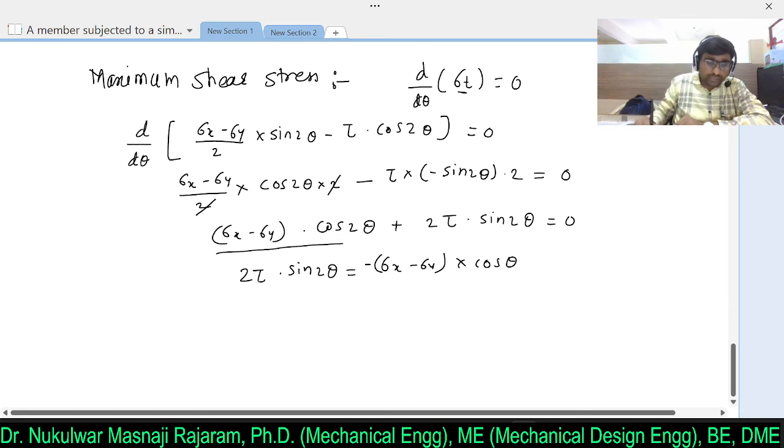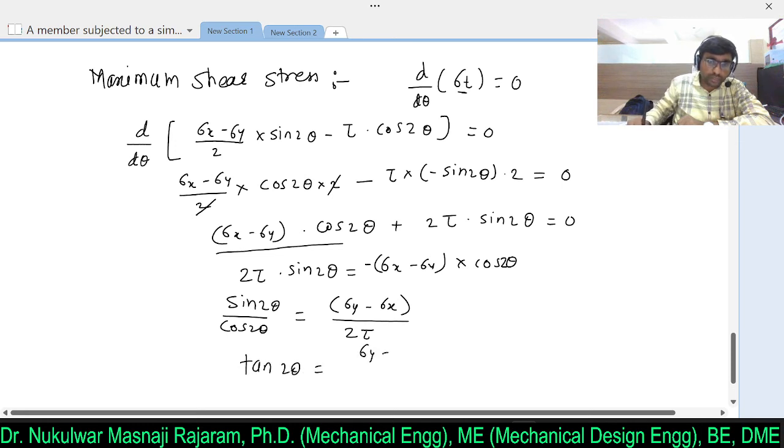So if I take this term to this side, then I can write sine of 2 theta over cos 2 theta, that is tan 2 theta, equal to sigma y minus sigma x divided by 2 tau. I am taking it positive, that's why I am taking sigma y minus sigma x divided by 2 tau.